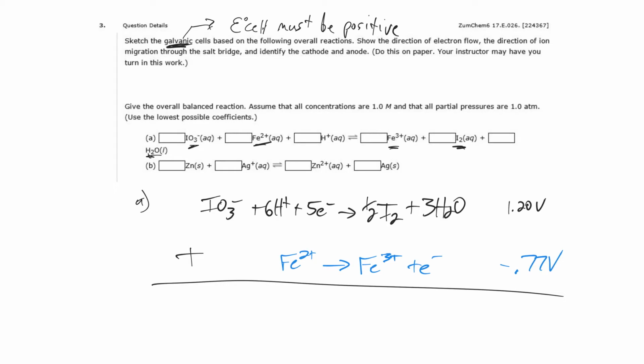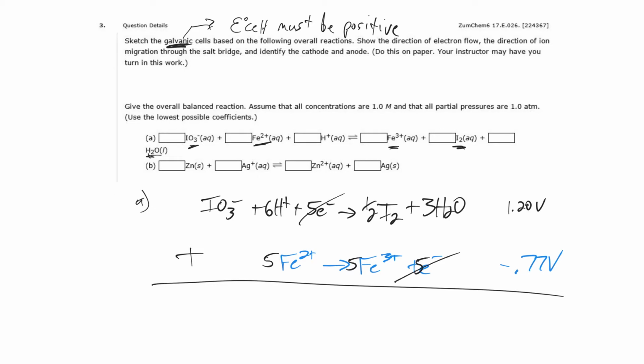We have to make sure that the number of electrons crosses out. We've got 5 electrons in the reduction half reaction and only 1 in the oxidation half reaction. So we're going to multiply by 5 all of the coefficients in the oxidation half reaction. Note, that does not affect the voltage for that half reaction. Voltage is a ratio.